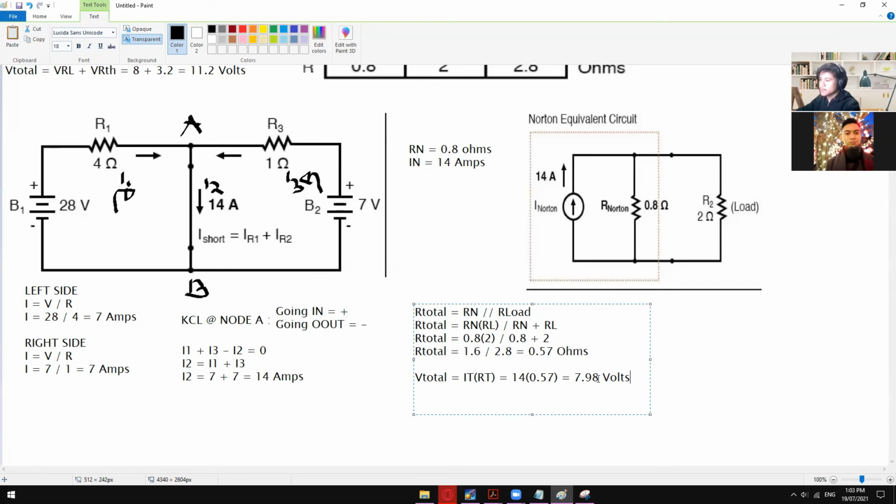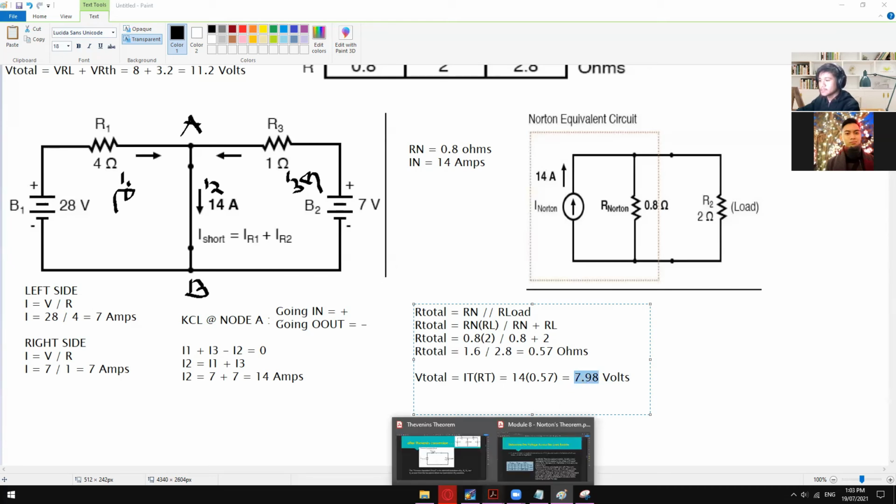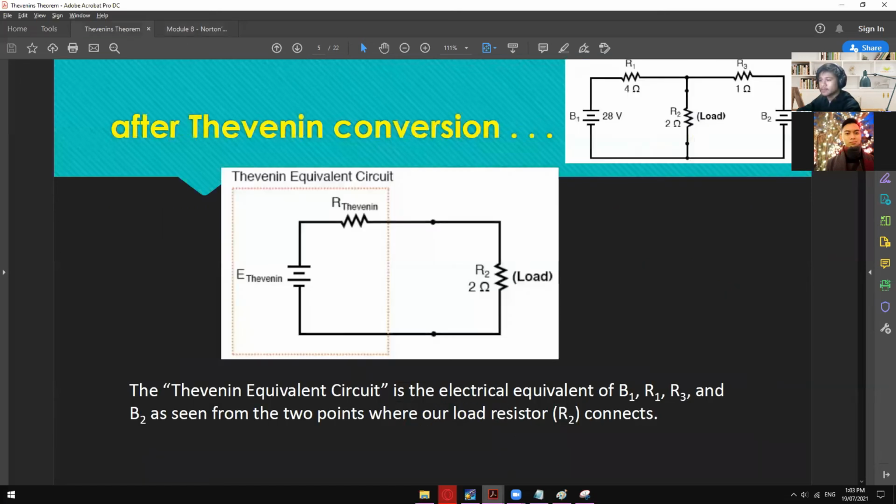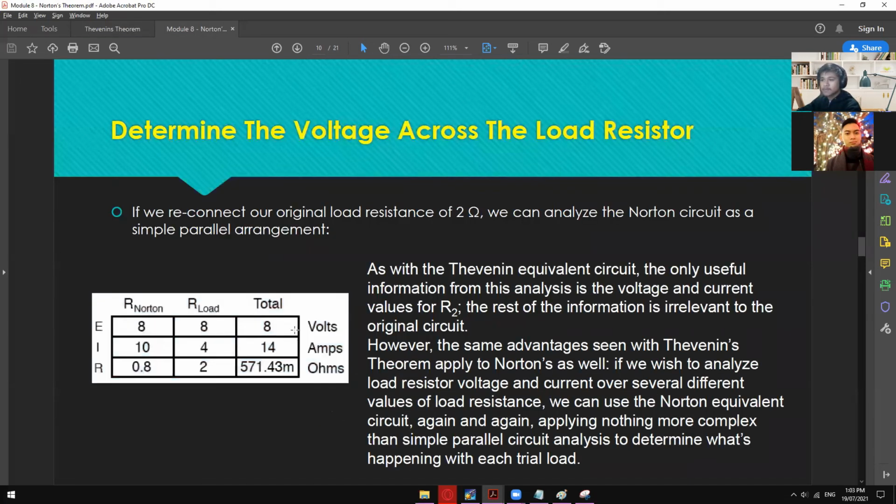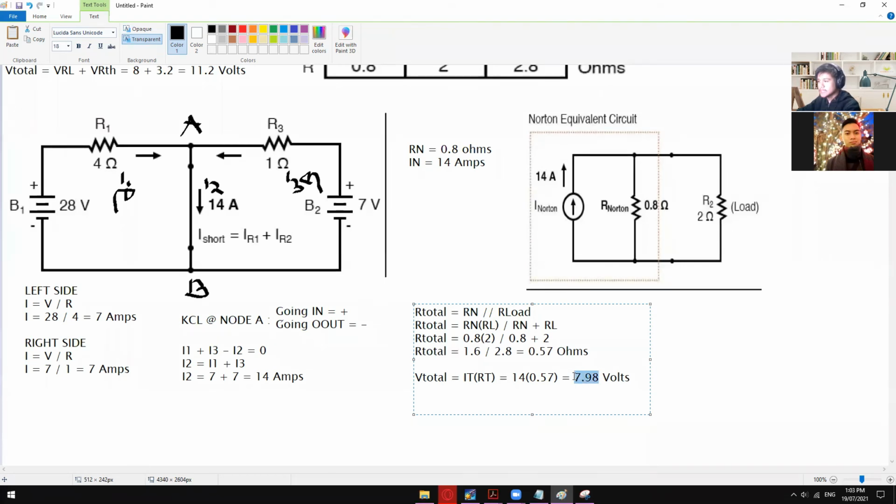Okay, I remember now. This one was actually rounded. If you take a look at this one, our total voltage is 8 volts. So for consistency, let's just round this 7.98 into 8 volts, so that it matches what is in our table.